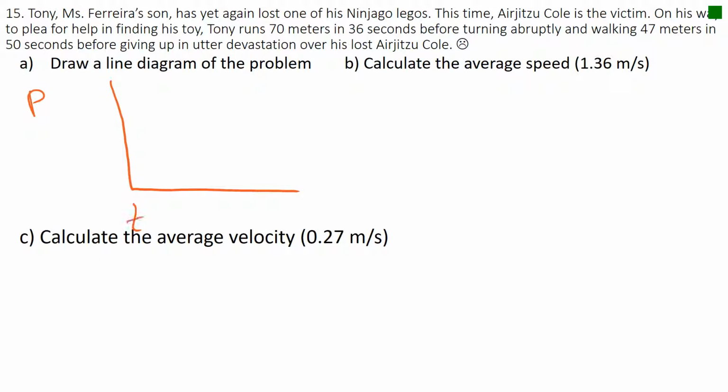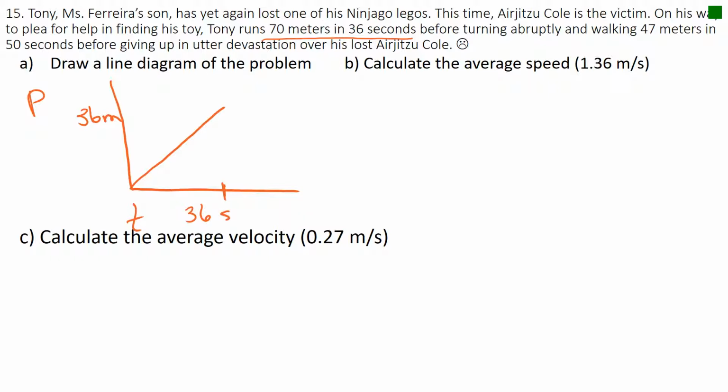Position and time. So on the first leg, he goes 70 meters in 36 seconds. So I'm going to put this right here as 70 meters, and then the time right here is 36 seconds.